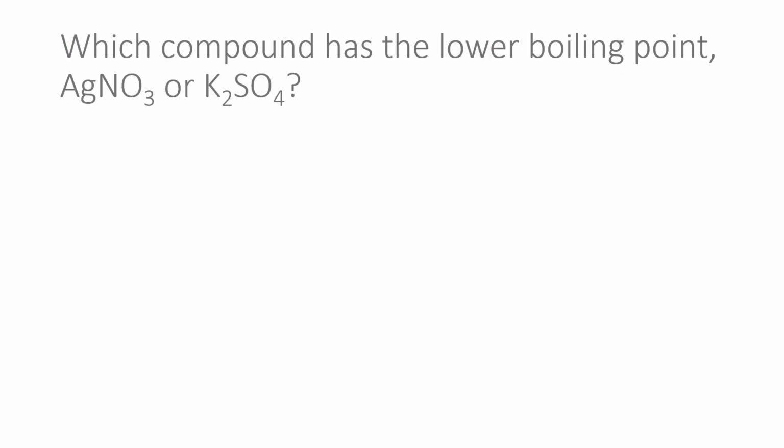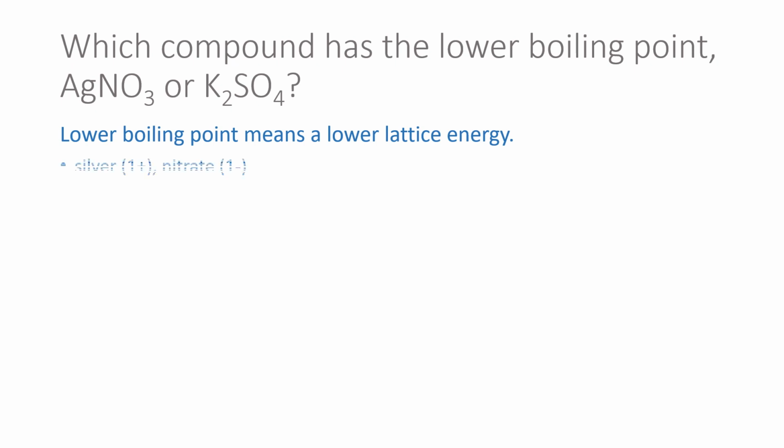And last problem, which compound has a lower boiling point? We have silver nitrate and potassium sulfate. So the lower boiling point means you need to have a lower lattice energy. So if we were to get out the charges, here I already have them for you.